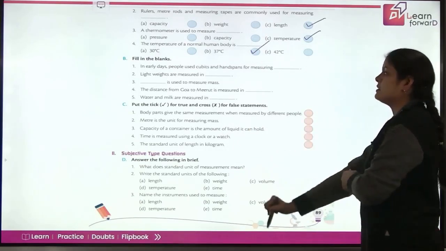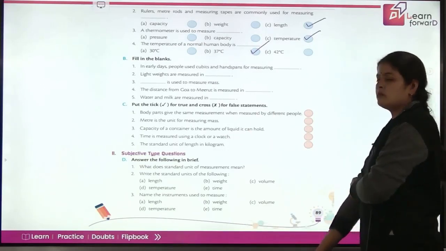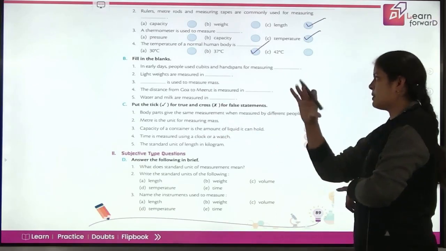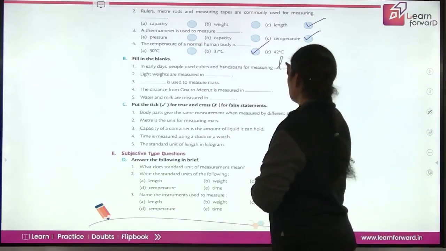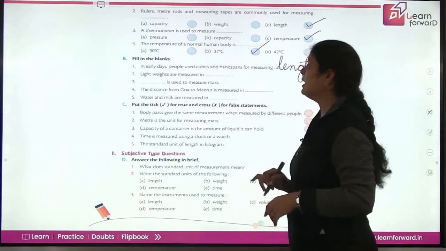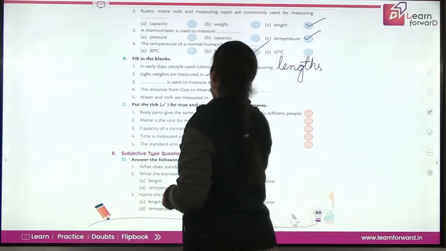Now fill in the blanks. In early days, in olden days, people used cubits. Remember cubit? This is the length that we call cubit. And handspan for measuring lengths. Light weights are measured in grams.